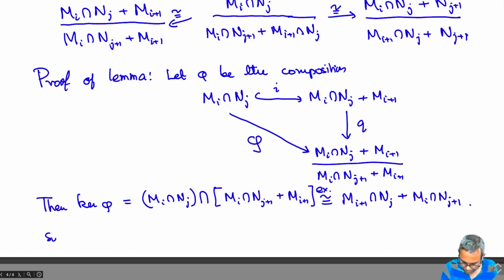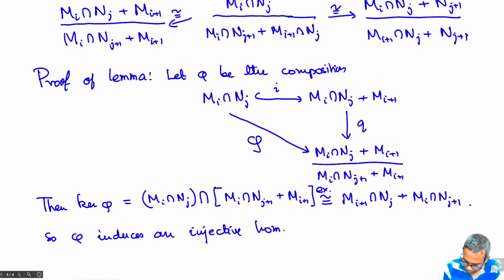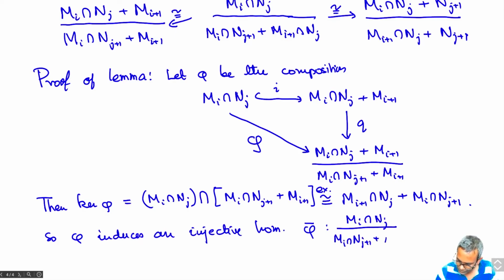And so phi induces an injective homomorphism, phi bar, from mi intersect nj mod mi intersect nj plus 1 plus mi plus 1 intersect nj onto mi intersect nj plus mi plus 1 modulo this thing here.